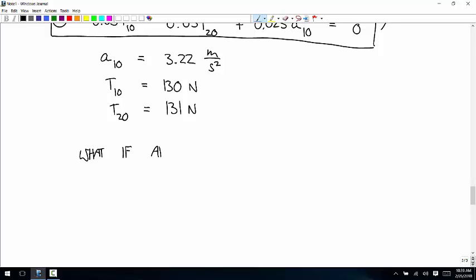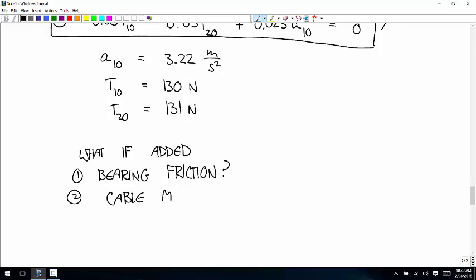What if you added bearing friction and cable mass?